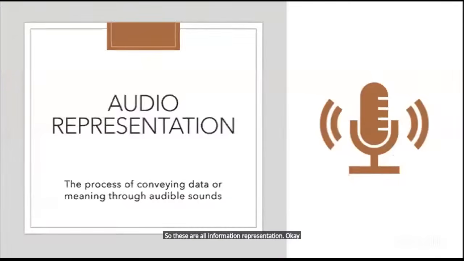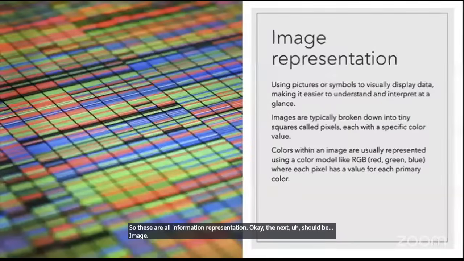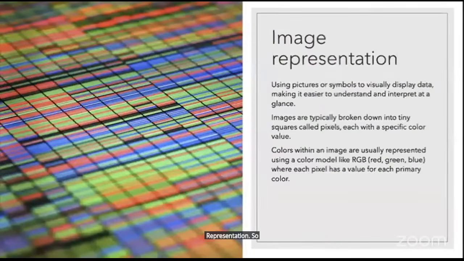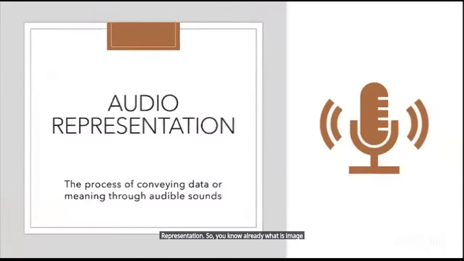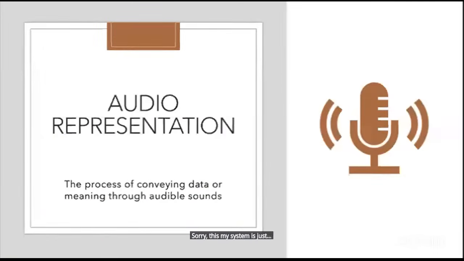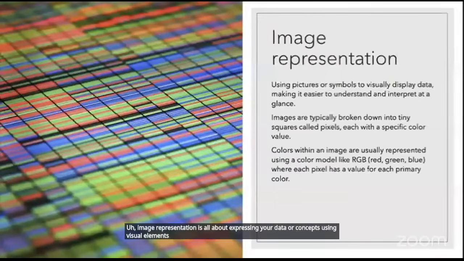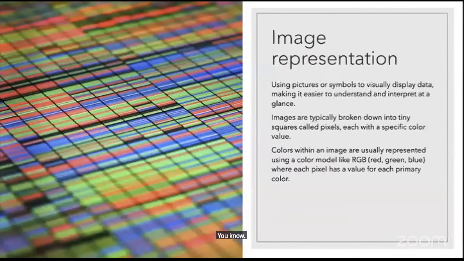Okay, the next should be image representation. So you know already what is image. It involves expressing your data. Image representation is all about expressing your data or concepts using visual elements, such as pictures, graphics, diagrams, or any other visual media.